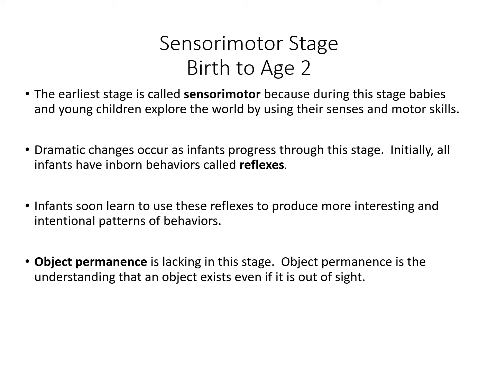If you've ever played peekaboo with a baby, you'll see the baby laugh when you go behind your hands or hide behind a cloth. The baby suddenly laughs when you reappear because he thinks you have disappeared and now suddenly you're back. Older children start to develop object permanence, so they realize that even if an object disappears, it is not gone. It is just hiding.